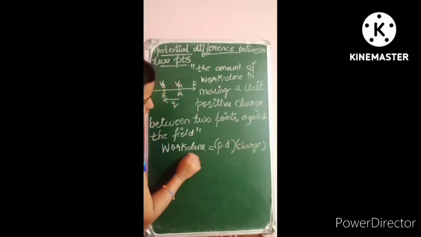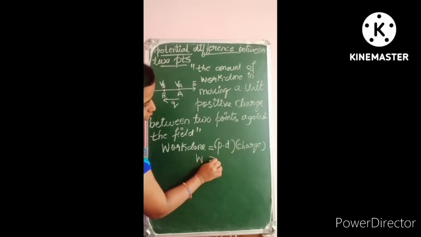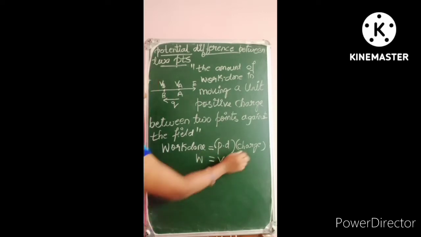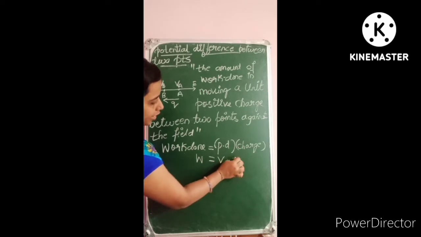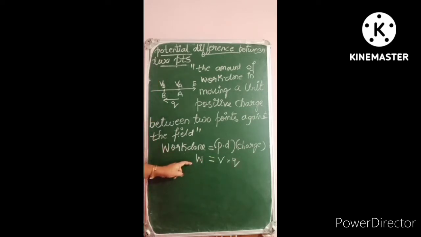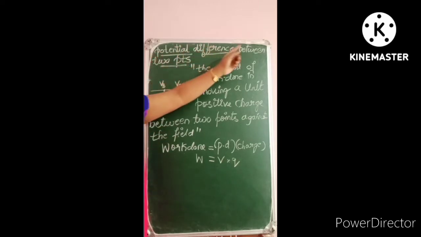So work done is represented as W, potential difference is represented as V, and the charge is represented as Q. That is W is equal to V into Q. Okay. So this is about the potential difference between 2 points.